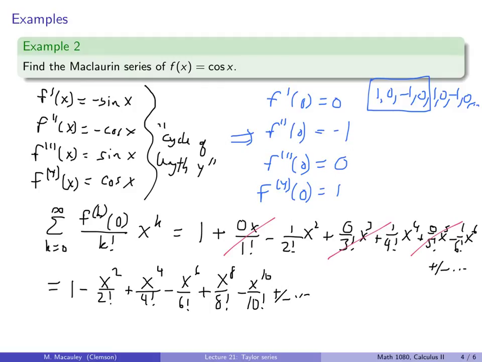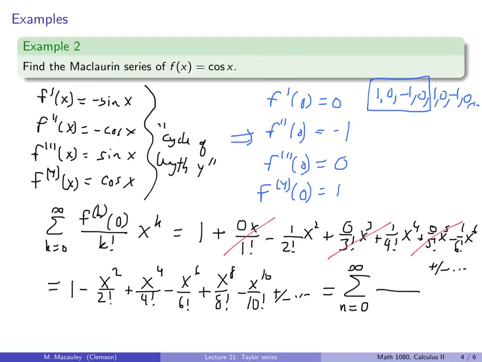Now, is there a good way to write this as a closed formula? Well, there actually is. And it's not obvious. The first time you see this, it's not something I would expect you to see right away, but let me show you how to do it and then see if you can pick out how this works. I'm only getting even powers of x. So I'm going to write this as a fraction.